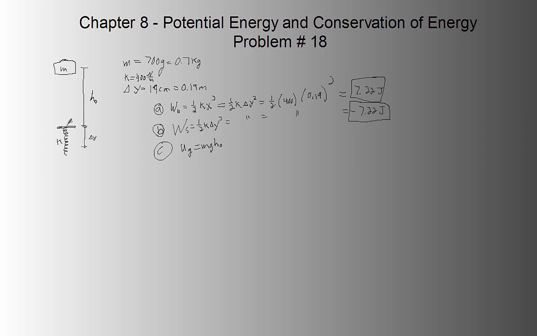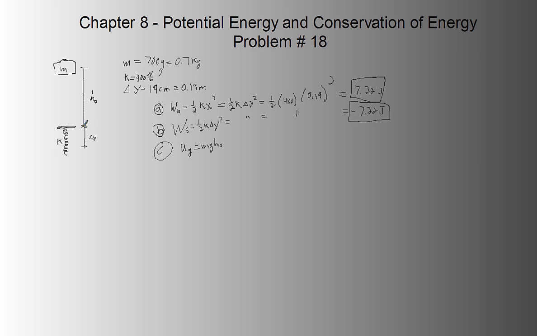We don't know anything else at h naught. We don't know the speed here. The only way to find h naught directly is if we knew the speed here and we could calculate the kinetic energy, because the potential energy up here all turns into kinetic energy by the time it hits here. So without knowing the speed here, we have to go farther.